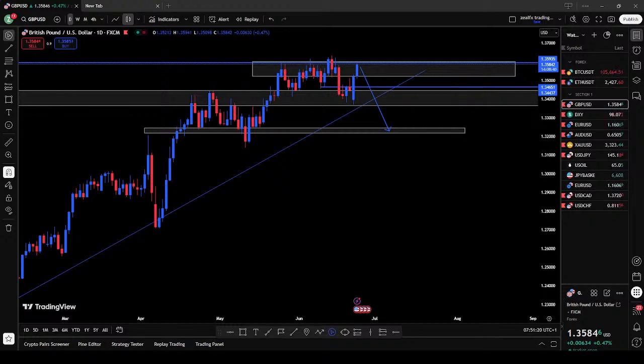We're expecting more sell on the GBPUSD, but the setup has not presented itself yet. We have to be patient to wait for the setup to present itself. You can only sustain success in this market with patience, because this market is built to frustrate you.